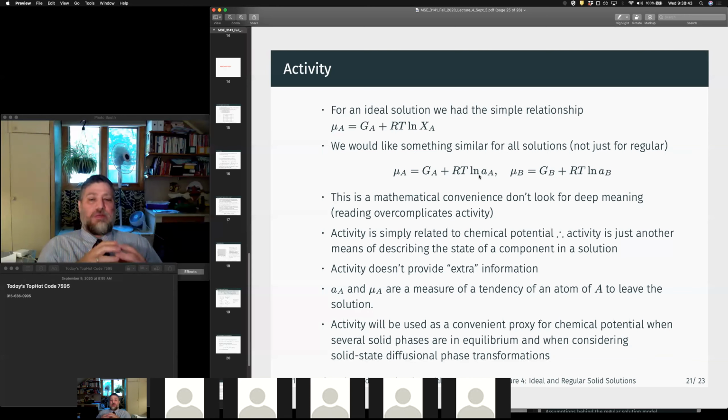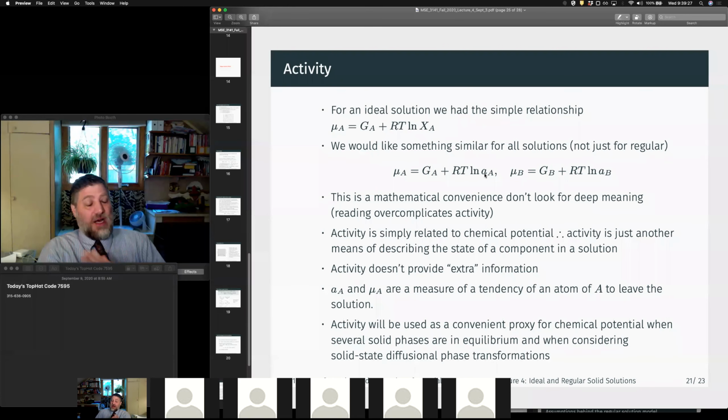And this is purely a mathematical convenience. Don't look for any deep meaning. The reading really complicates activity. Activity is simply related to the chemical potential. There's a neat relationship in optimization theory that says because the natural log is a monotonically increasing function, the minimum of a function and the minimum of the natural log of that function have to occur at the same place.